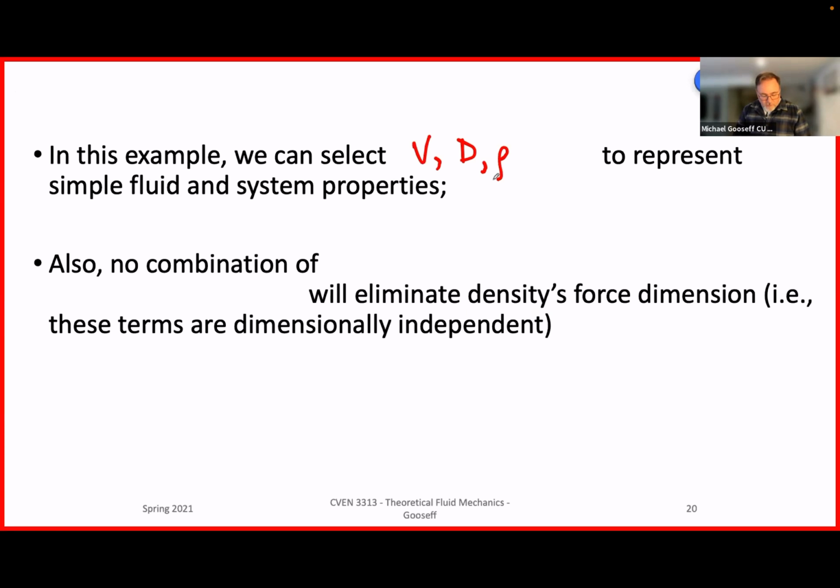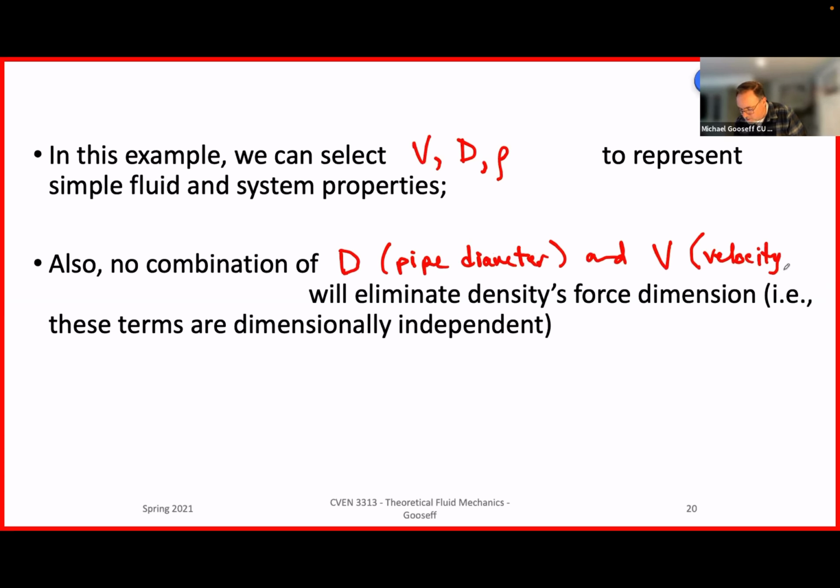Also, no combination of, in this case, D, the pipe diameter, and V, the velocity, will eliminate density's force dimension, right?